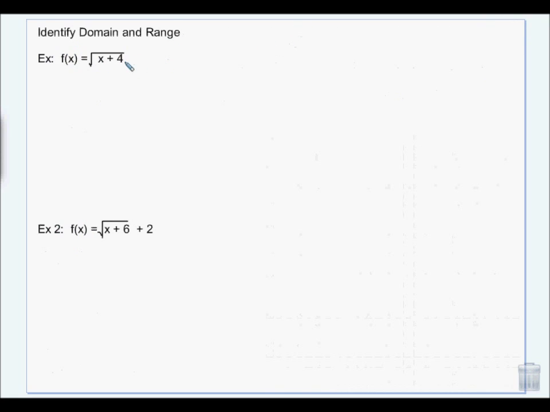To identify the domain and range, whatever is underneath this radical can't be negative because we're just talking about real numbers. So this has to be 0 or greater than 0. To find the domain, we take whatever is under the radical, the radicand, and set it greater than or equal to 0.